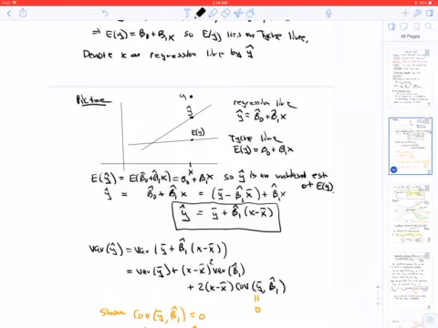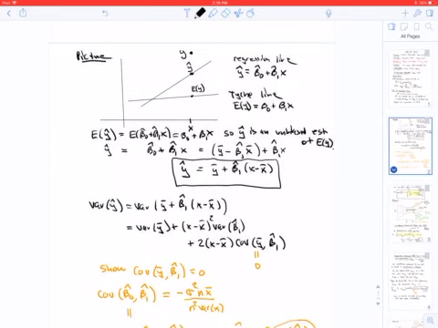And then also y is at the top here, right? So here I just show you that the expectation of y hat is the expectation of y, right? So E of y hat is beta 0 plus beta 1x, which is E of y.